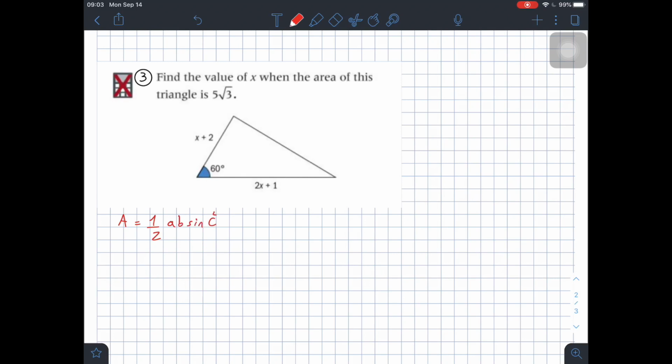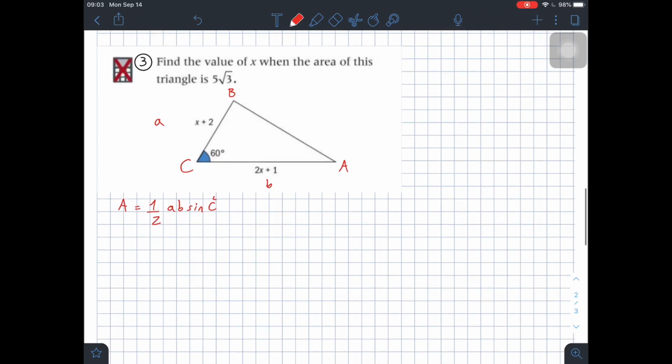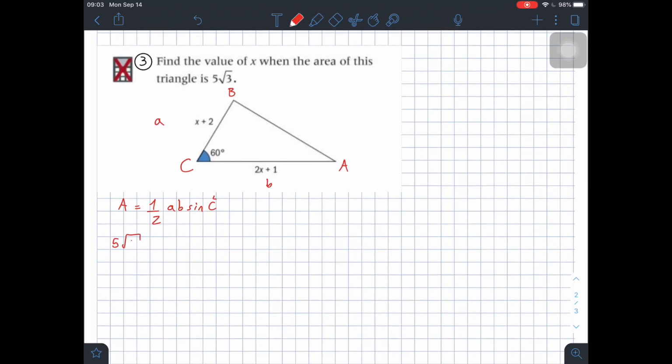So if we call this, for example, let's say this is ABC triangle, then this is angle C, this would be side A, this would be side B. Okay, so if we apply the formula, the area is 5√3, and this is 1/2 times A, which is x plus 2 in this case, times B, which is 2x plus 1, times sine of 60 degrees.